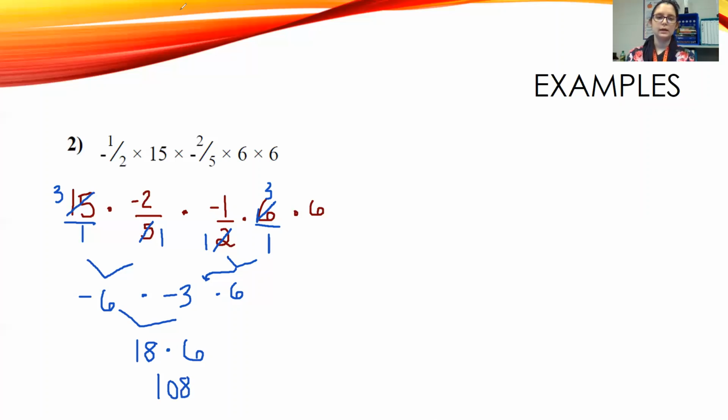Okay, we can commute them into any order that we want. I am just showing you the fastest methods. You could say, I want to put my fractions together and start with your -1/2 times your -2/5. And then you could do all of your whole numbers.